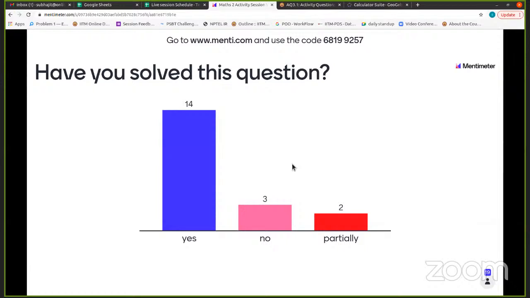So how can 50 be the local minimum? That's what I was explaining. This -50 and 50 are boundary points, right? Whenever you are given a closed interval, you have to check the boundary points also for the maxima and minima. 0 is also a boundary point, right? Yeah, 0 is also a boundary point.